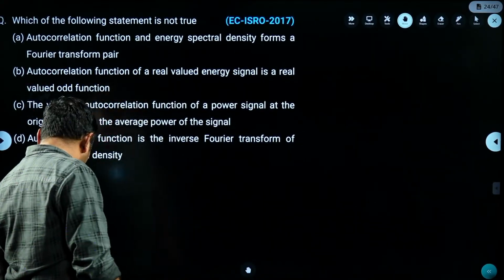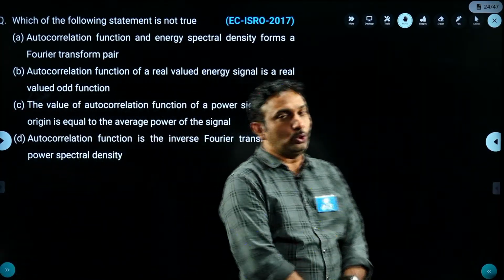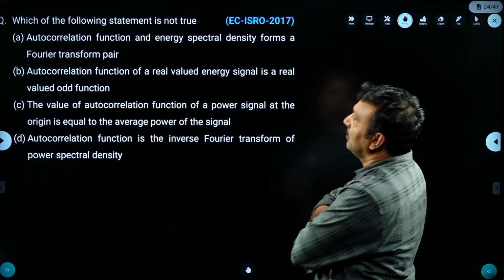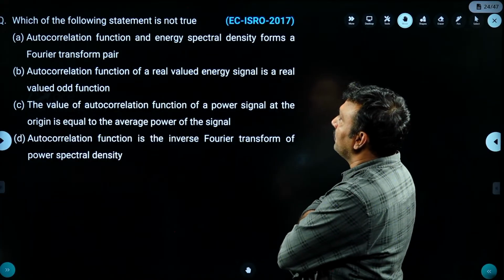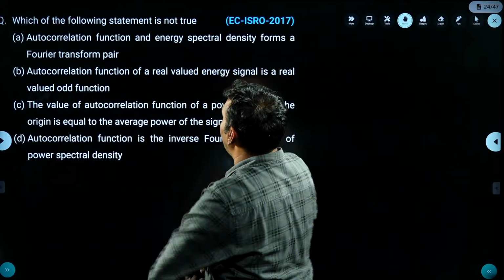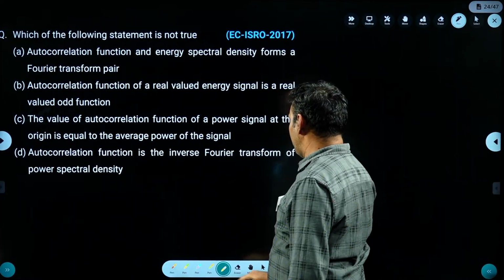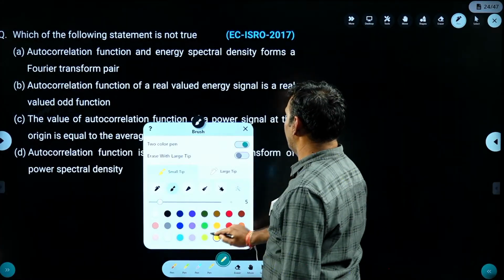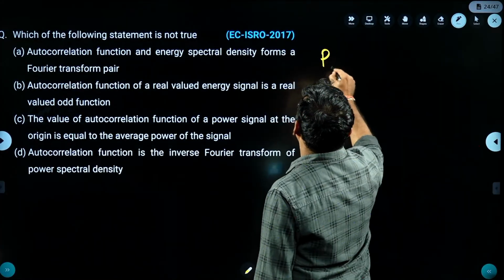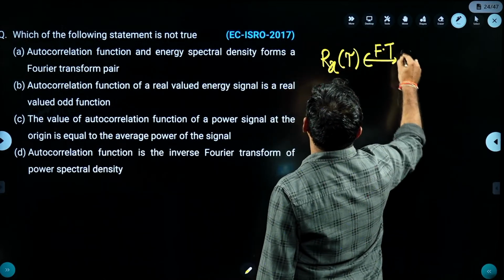What is asked in this model is, which of the following statement is not true? Means which is false. First option, autocorrelation function and energy spectral density form Fourier transform pair. That is of course true. Rx tau is a Fourier transform pair with Sx of omega.